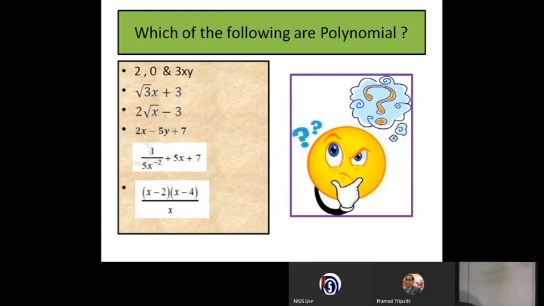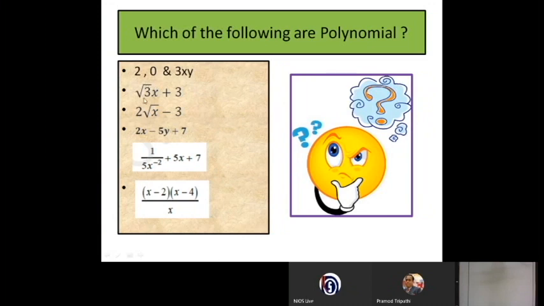Now we come to the second problem here. Under root 3 into x plus 3. 3 is constant. X is variable here. The exponent of the x is 1 here, and under root 3 is the coefficient.